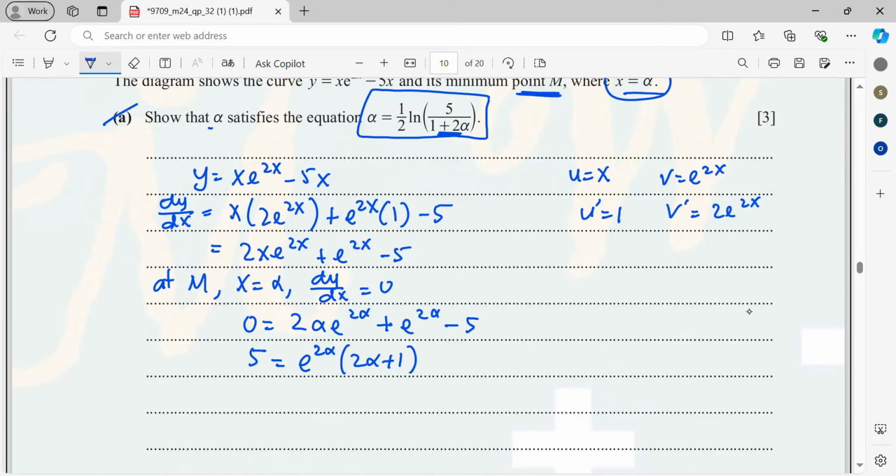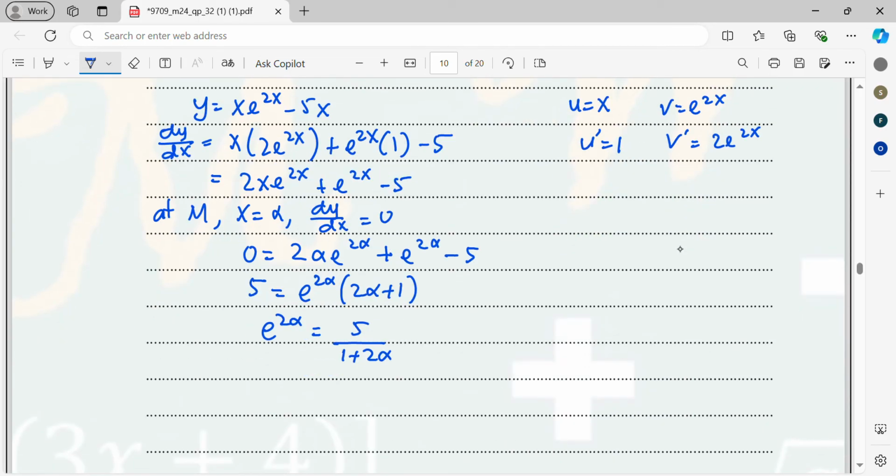Then from here, I will write e^(2 alpha) is basically 5 over 1 plus 2 alpha, because I need to get 1 plus 2 alpha, so I just switch the two terms. Now in order to get ln, you have to take ln of both sides, because we have the formula ln e^A is A. So ln e^(2 alpha) equals ln of 5 over 1 plus 2 alpha.